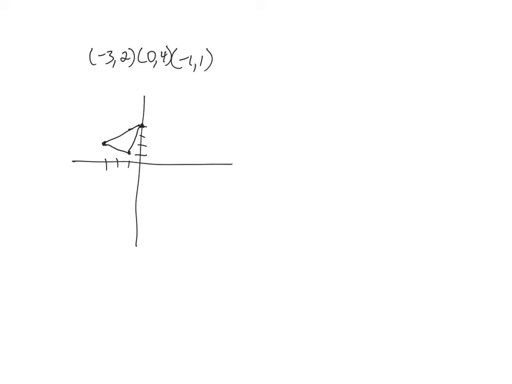Okay, so it might say something like reflection in y equals -1.